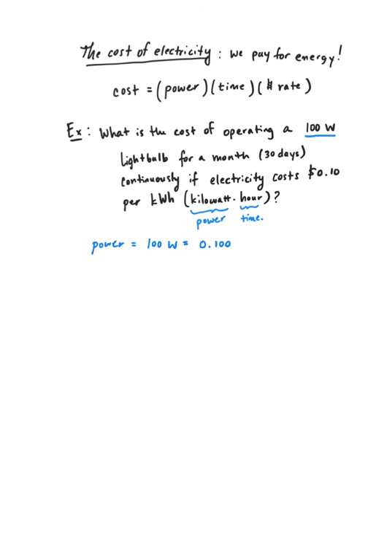Move our decimal 3 spaces to the left. To get our time in hours instead of days, we can just multiply our number of days by the number of hours in one day. That's about 720 hours.